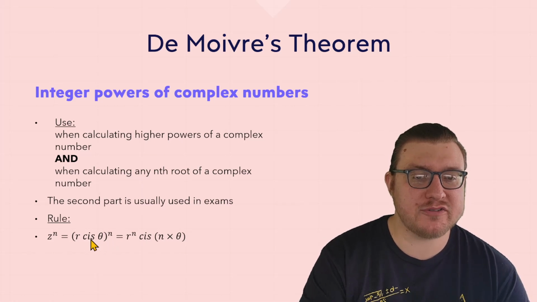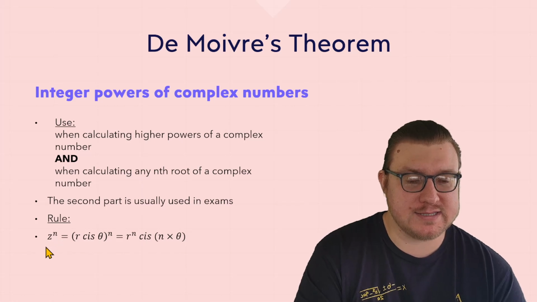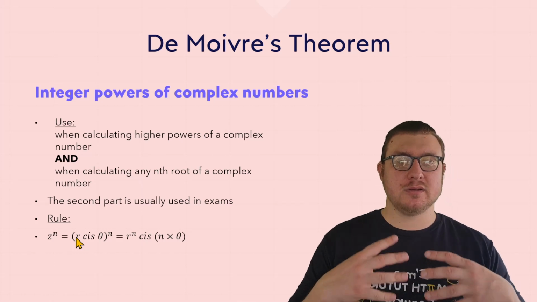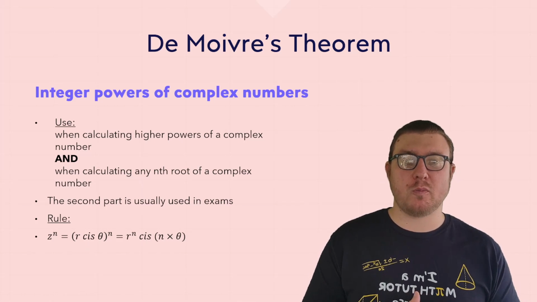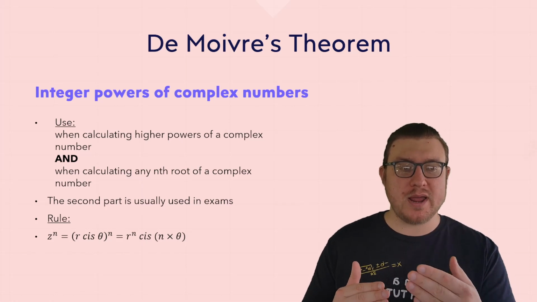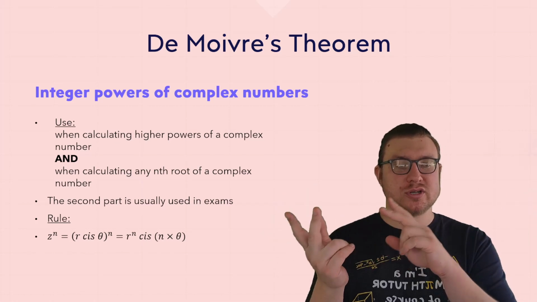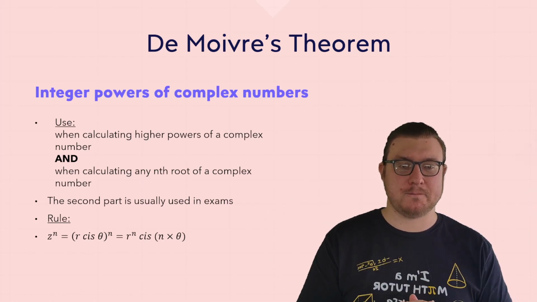So we want to have some power for our complex number. The way multiplication works for polar form is, remember, we multiply the moduli: 2 cis something times 5 cis something is 2 times 5, which is 10, 10 cis.